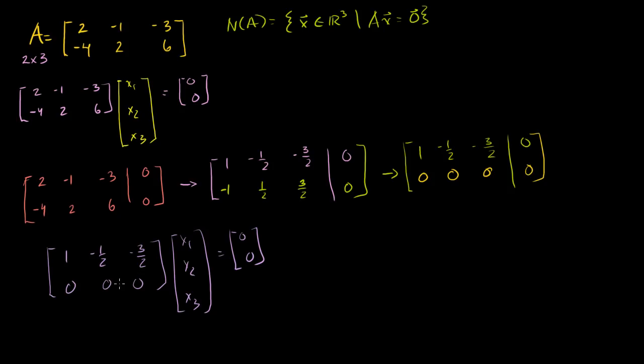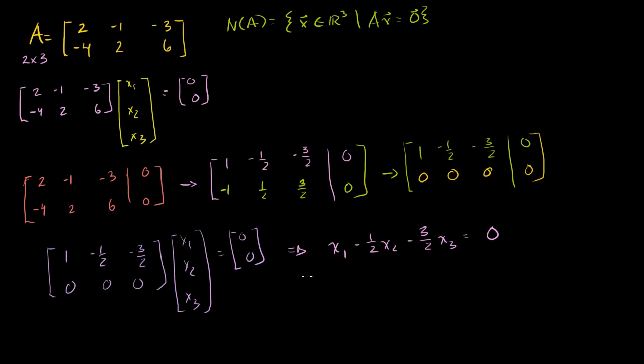It's saying 0 times that plus 0 times that plus 0 times that is equal to 0, so it's giving us no information. But this first row tells us that 1 times x1, minus 1/2 times x2, minus 3/2 times x3 is equal to 0. All of the vectors whose components satisfy this are in my null space.